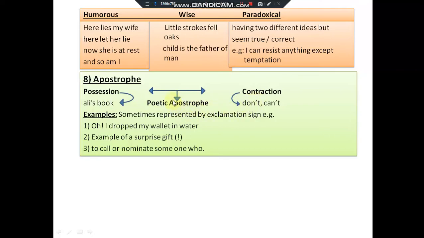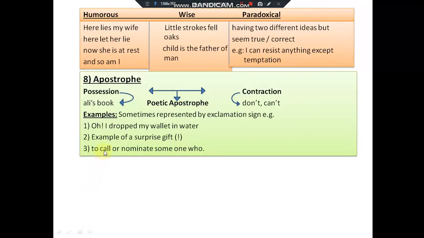So what we are going to study today is poetic apostrophe. Sometimes this poetic apostrophe is represented by the sign of exclamation. For example, look here, oh, I dropped my wallet in water. Look here, this exclamatory sign shows that this is an example of apostrophe.